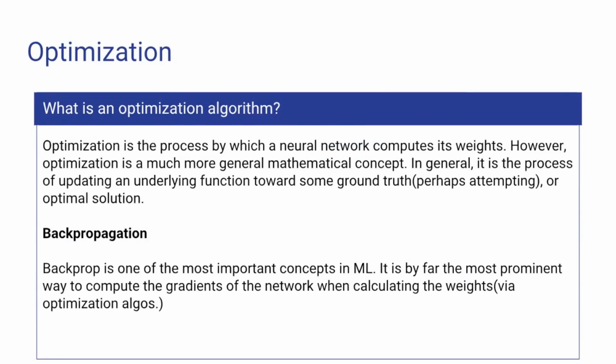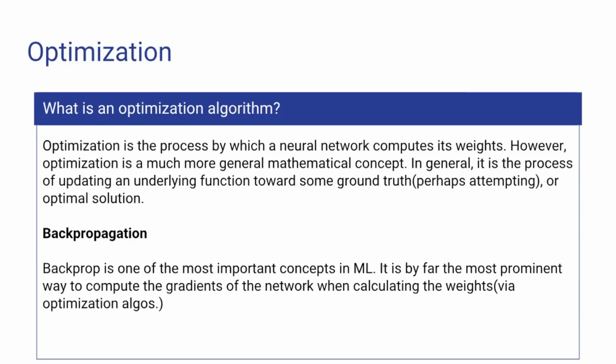So next we have optimization. What is an optimization algorithm? In machine learning, optimization is the way by which a neural network computes its weights and generally learns, right? This is a much more general concept than machine learning. Optimization is done in a wide variety of subfields in mathematics.